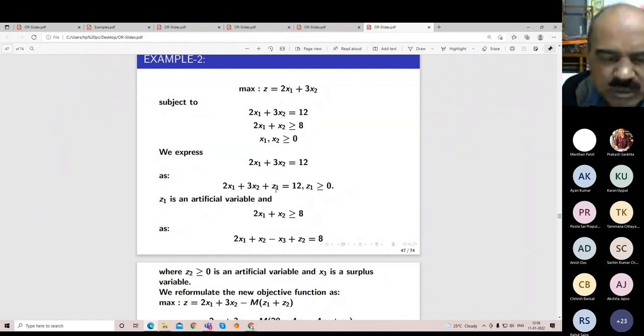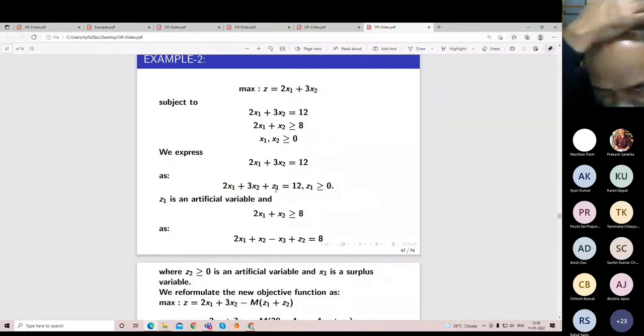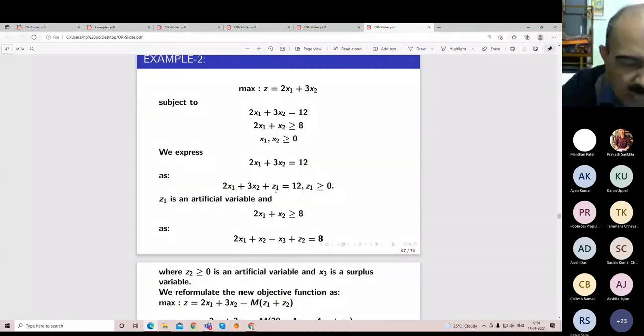In chemistry we use some detergent to start the reaction. So there is no other purpose here, simply the z1. z1 is an artificial variable, artificially added to help us find the solution.